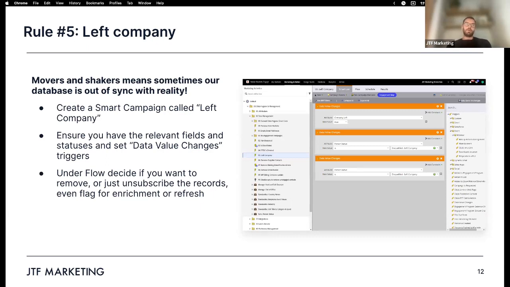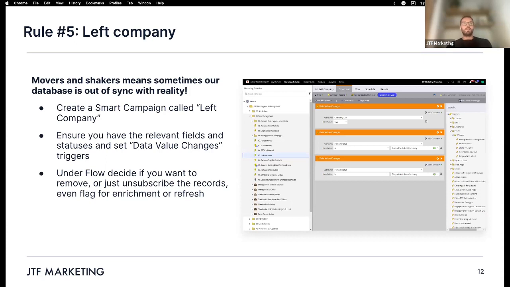The other thing around that left company, but on a slightly separate thread, is that that person still exists. That person may have gone from being within the marketing team of company A to being within the marketing team of company B, and you still want to be having similar conversations. Or they may have been promoted within another company, and maybe they've got a different buying power now, and you want to talk to them slightly differently.